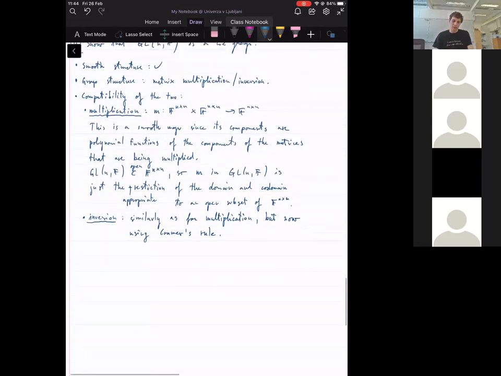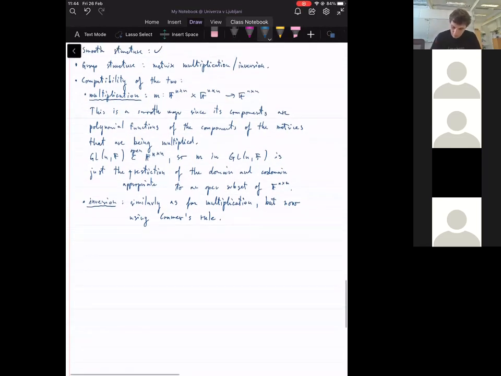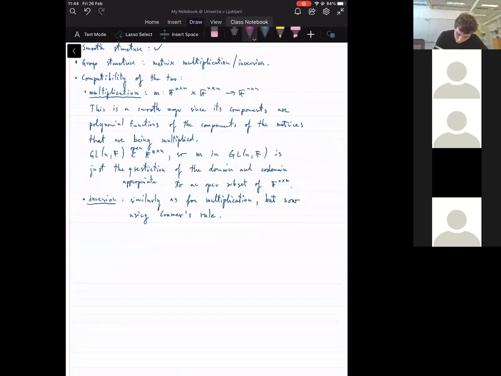Okay, so maybe let's have a small comment here: GL_n(C) is connected. So Jaka is on point here. We have the singular value decomposition, it's also called Schur's decomposition.